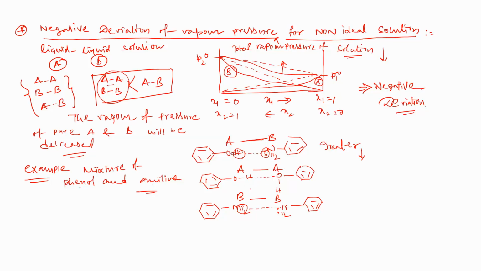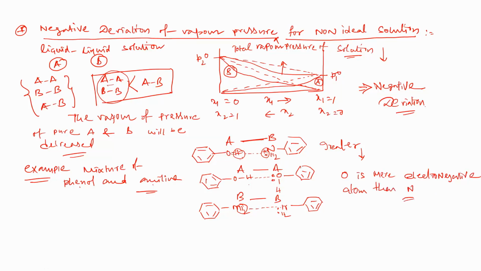But in that case also, the proton is the same and there is a lone pair there too. But this attraction is weaker than that. Why? Because we know that oxygen is a more electronegative atom than nitrogen.